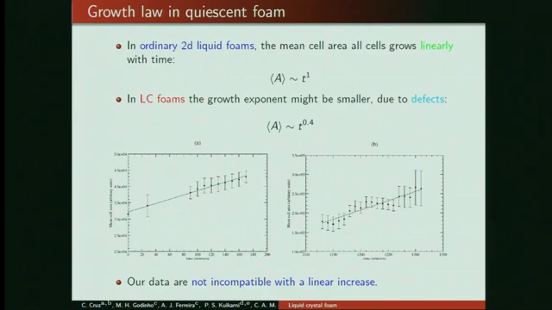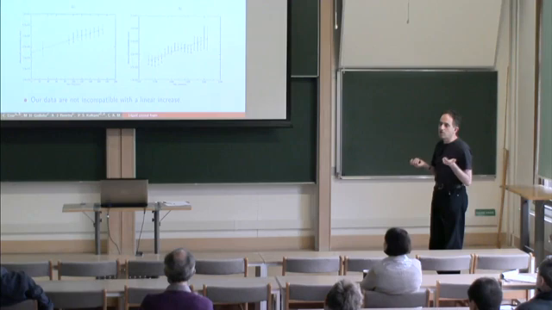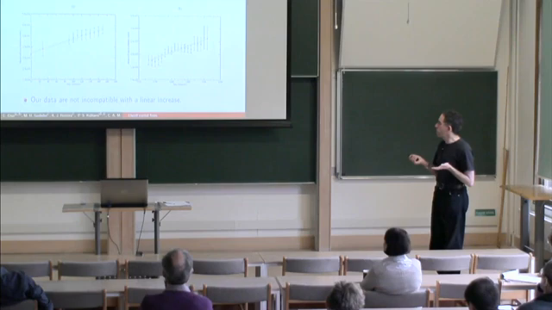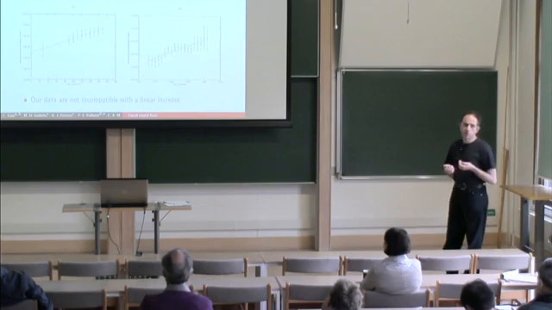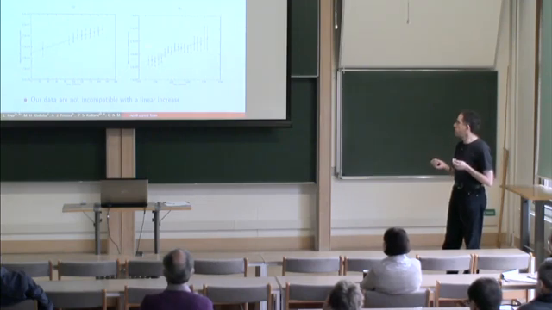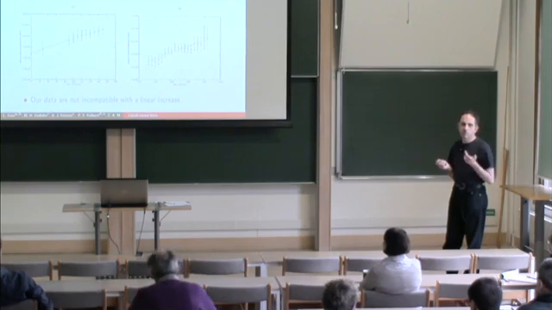Well, what happens in our case is that, frankly, our statistics isn't good enough to tell one way or the other. Subsequently, there's been more detailed work, also involving a smectic foam, which confirms that the exponent should be 1, and this discrepancy with the earlier work might be due to the fact that there they were using an extremely wet foam, whereas the scaling regime corresponds to very dry foams.